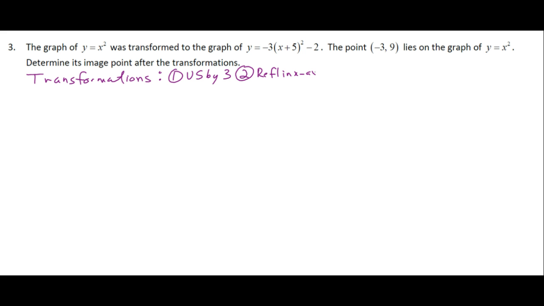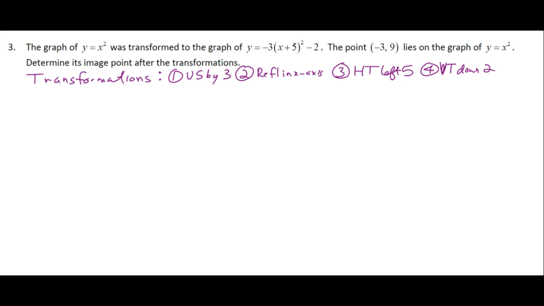Reflect in x axis. Number three. And number four. Okay, so we stretch, we reflect, and then the translations, right? And generally I do horizontal, vertical. You don't have to, you can do vertical, horizontal.